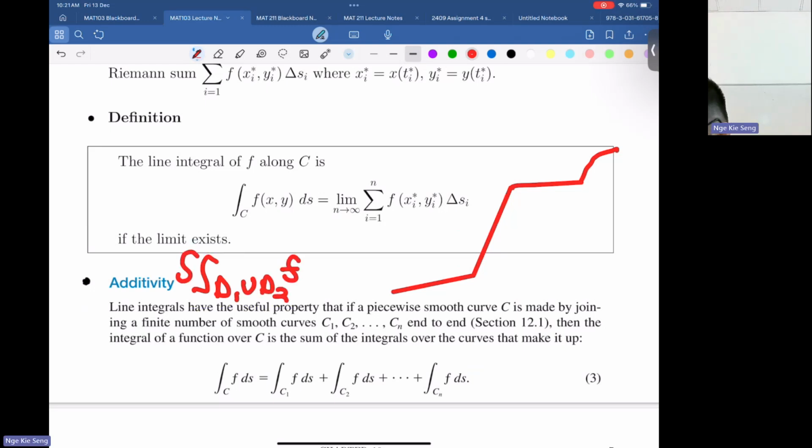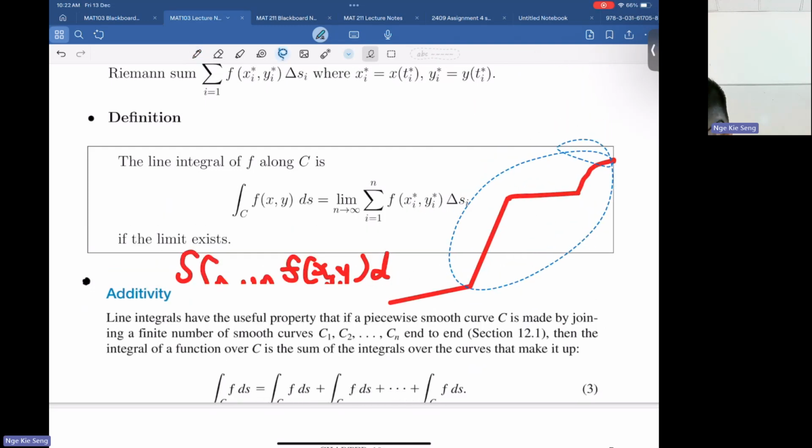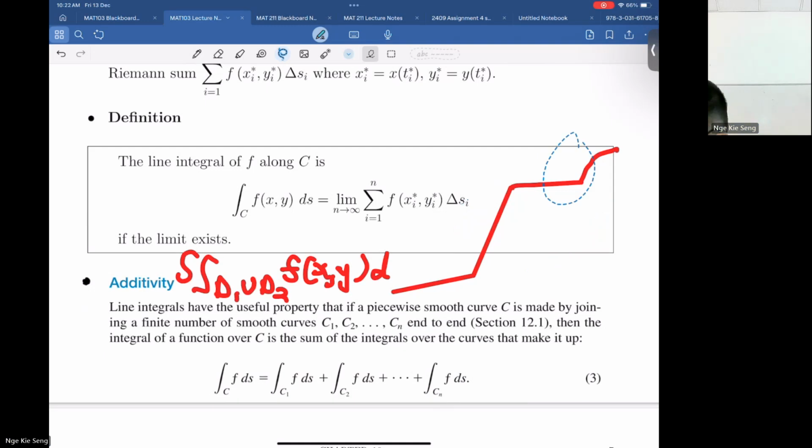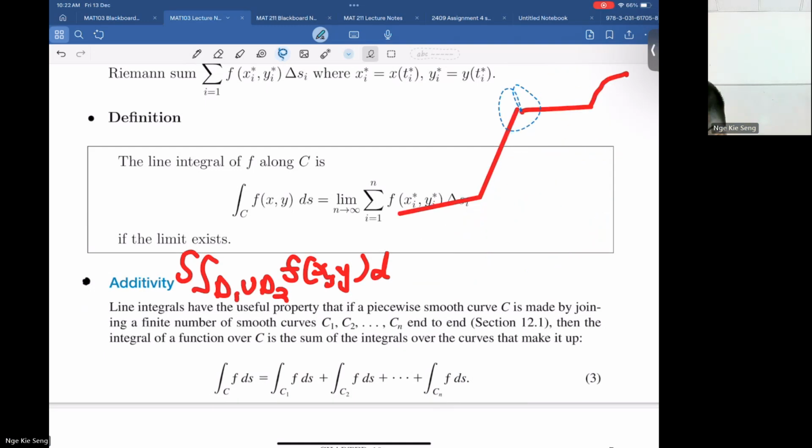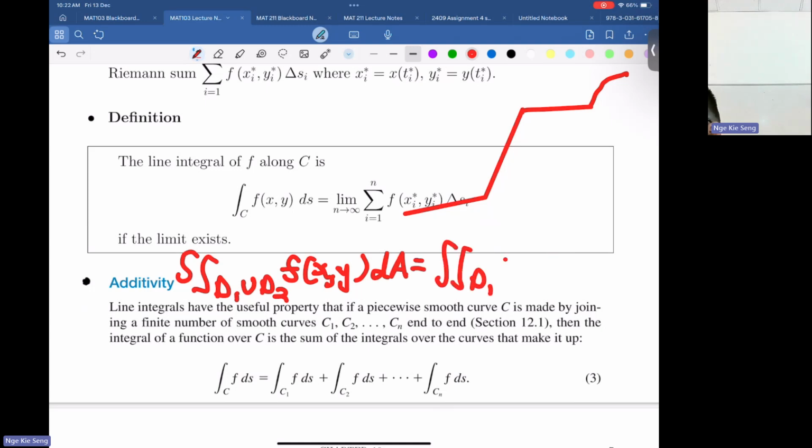of the double integral, right? You remember this property or not? The double integral over D1 union D2 of f dA equals the double integral over D1 plus the double integral over D2. Still remember this property you use when you split the double integral on the union of domains?